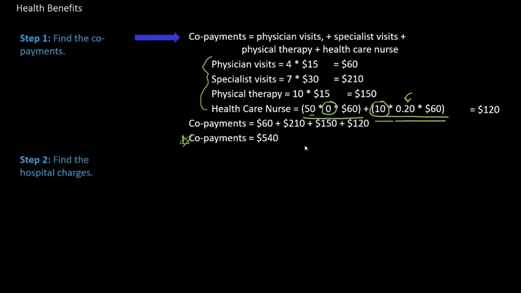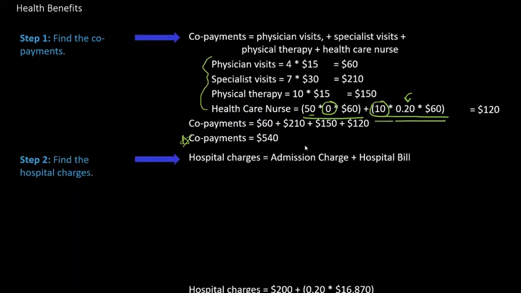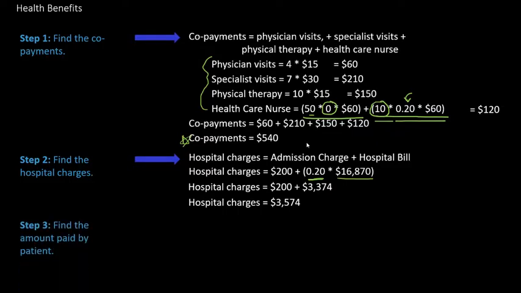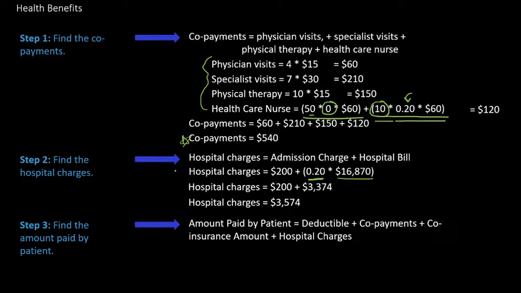Hospital charges. Remember we had that admission charge of $200, and then the insurance company was going to cover 80% of this bill. So if they're covering 80%, that means you're paying 20%. So we find 20% of this bill plus the admission charge, and our hospital charges are $3,574. So to find the amount paid, we'll add it all together.